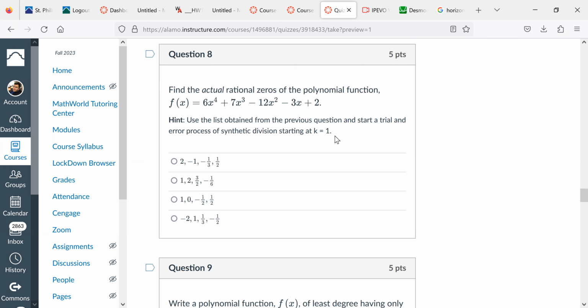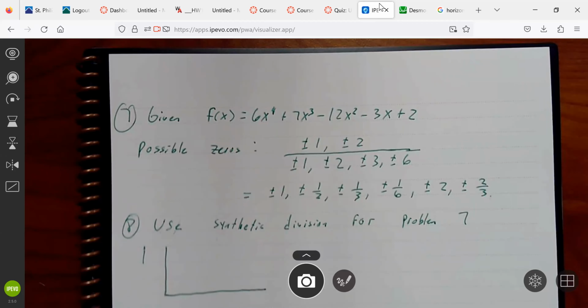Use synthetic division for problem 7. It told us to use 1, so cool.